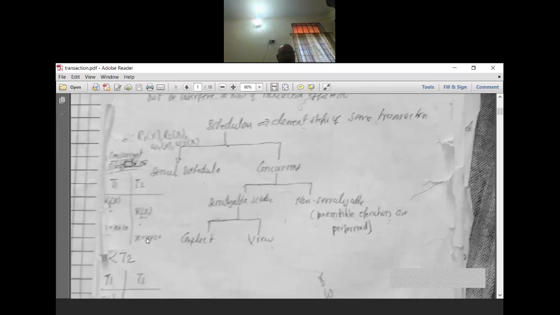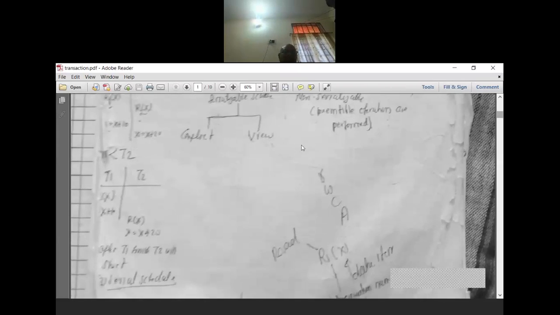Now I am saying what are serial transactions and what are concurrent transactions. In serial transactions, one transaction will complete all its work, then only the second transaction will start its work.